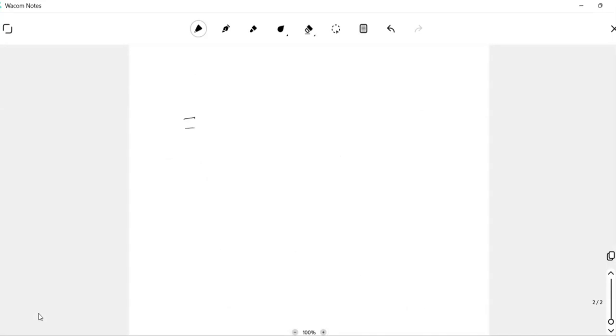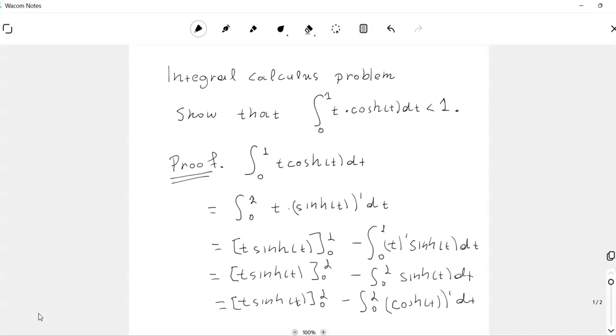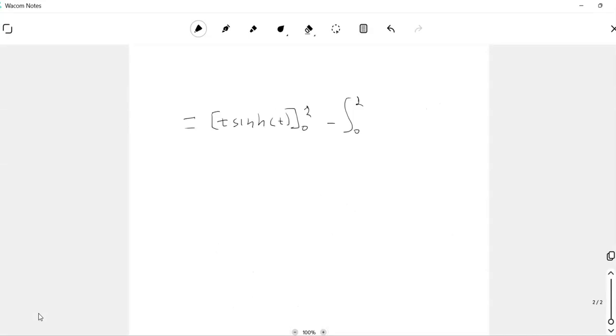So this is t sinh t from 0 to 1. I rewrite the expression minus the integral from 0 to 1 of cosh t prime dt.